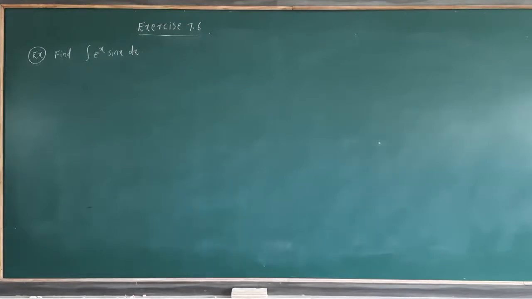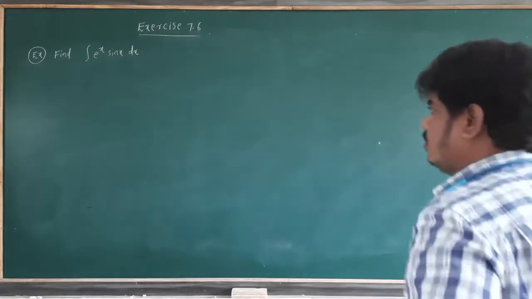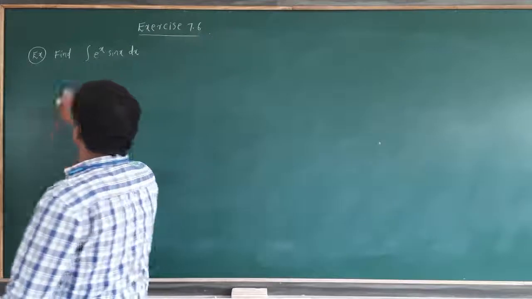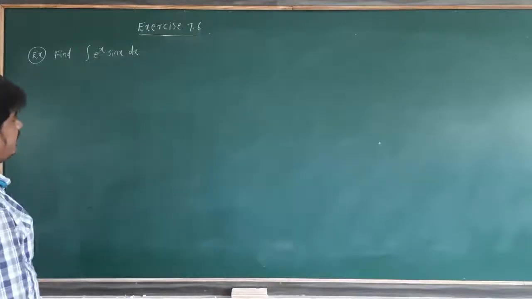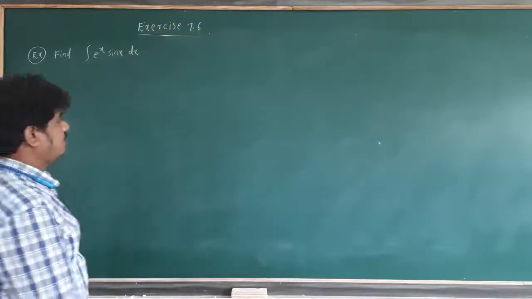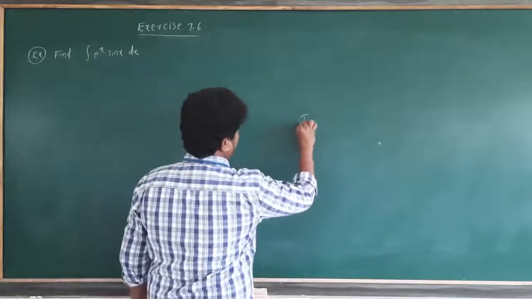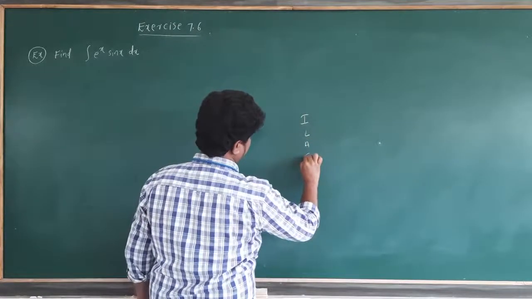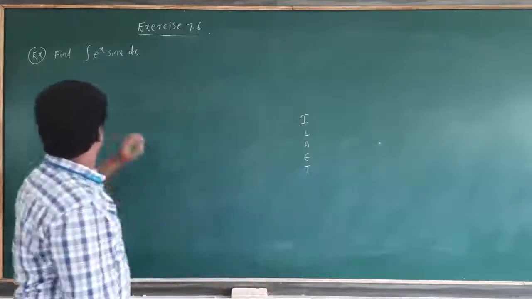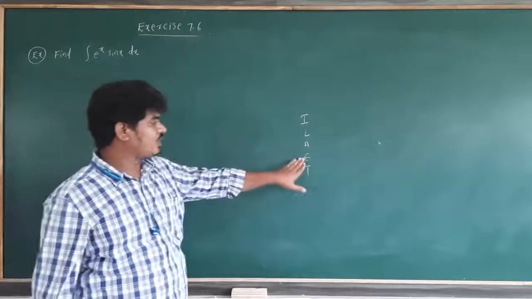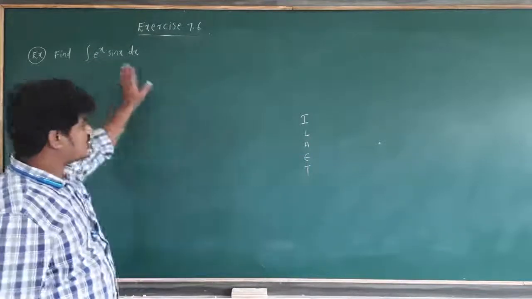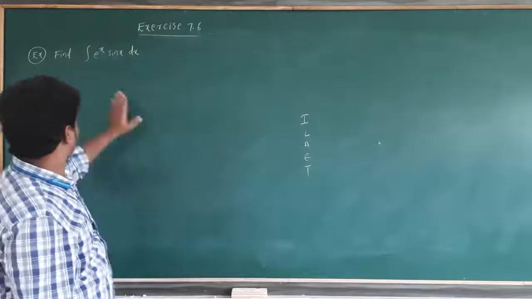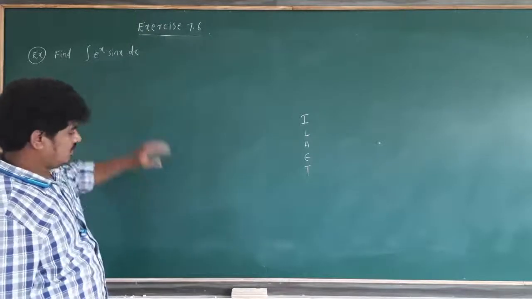See one example: find the integral of e power x sin x dx. Here in the ILATE order, e power x belongs to exponential, sin x belongs to trigonometry, so we should not change the order.